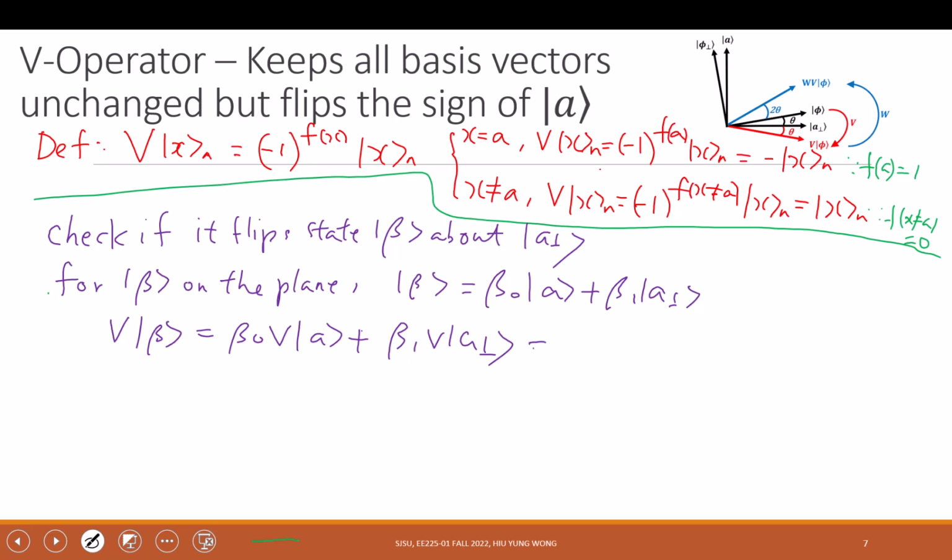But what does this oracle do? It's just equal to beta 0 times negative 1 to the power f of A, right? Because we already said that when you apply it to a basis state, it's negative 1 to the power f of x, and then just keep whatever you apply it to. And how about the second one? Same, but this time it is f of A perpendicular.